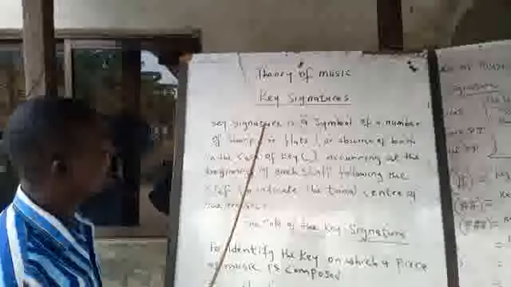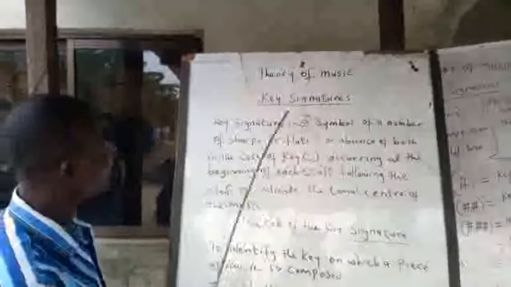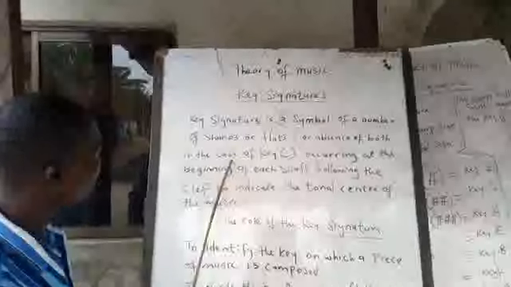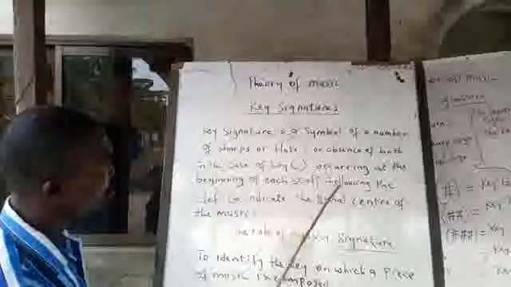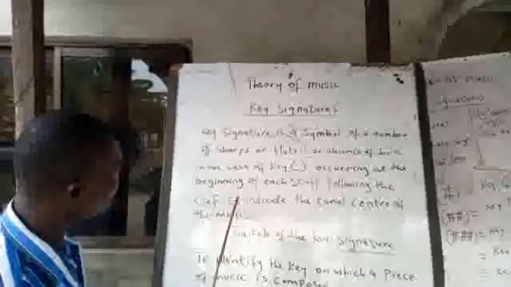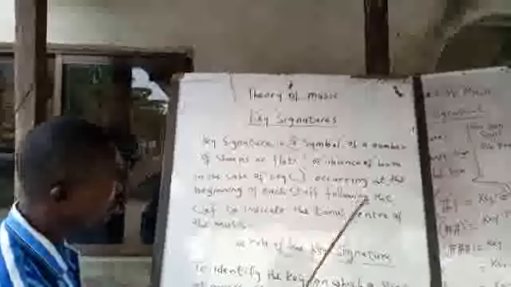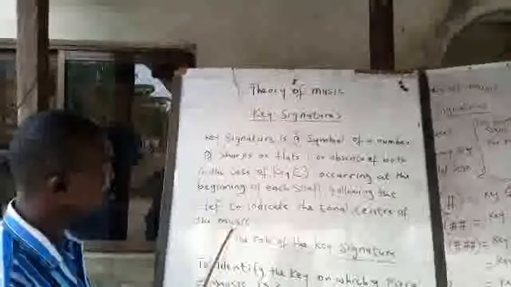A key signature is a symbol of a number of sharps or flats, or the absence of both in the case of the key of C, occurring at the beginning of each staff, following the clef, to indicate the tonal center of the music.